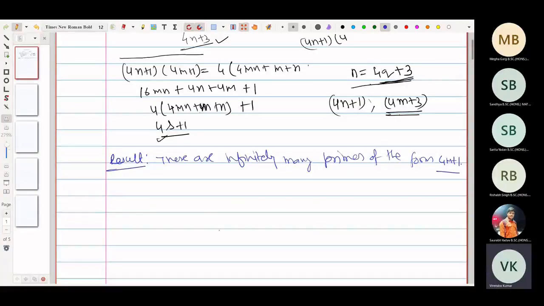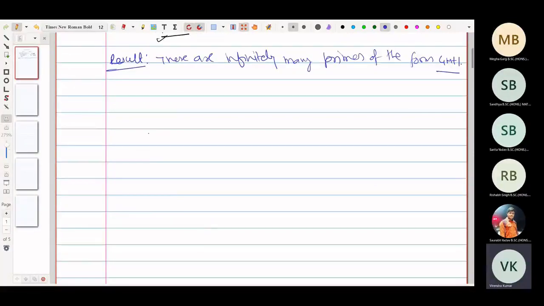Next, let us see a conjecture. This is called the Goldbach conjecture. Before that, what is a conjecture? Just like we ask what is a proposition, what is a lemma, what is a theorem.